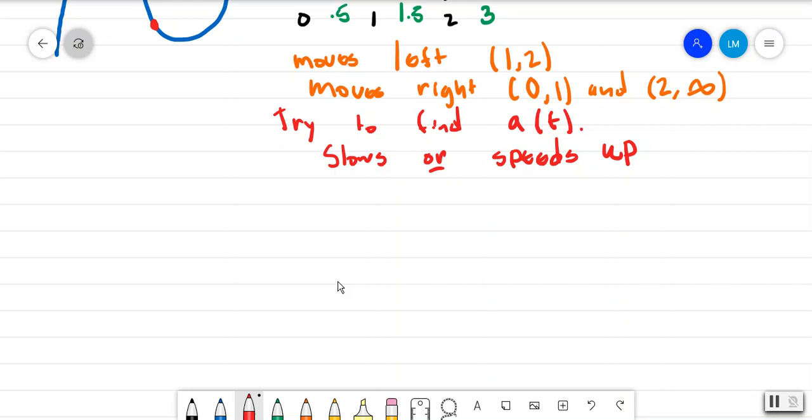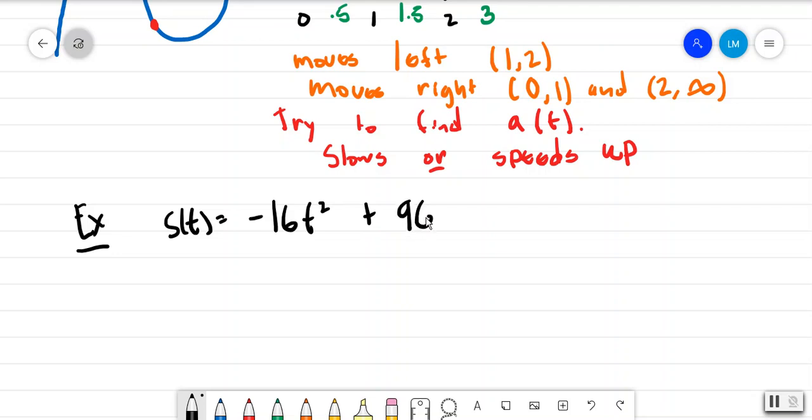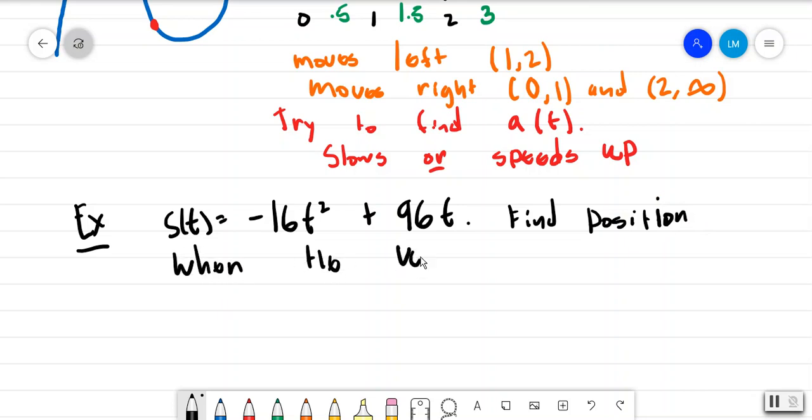So, for instance, consider an example where s of t is equal to negative 16t squared plus 96t, and we want to find the position when the velocity is 0.